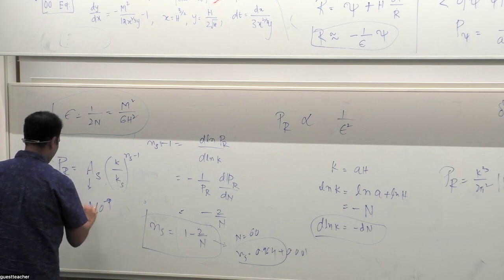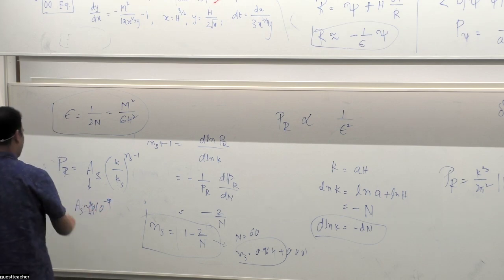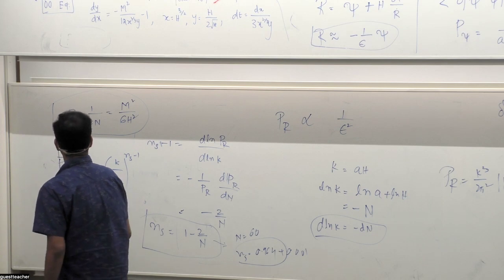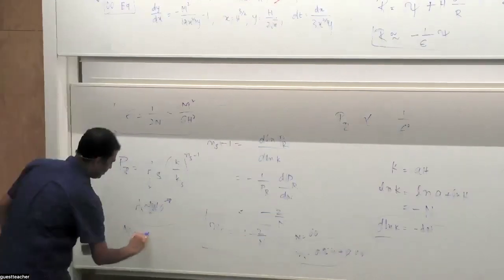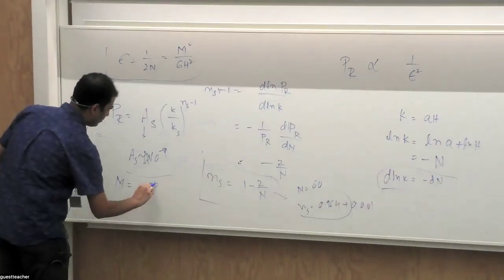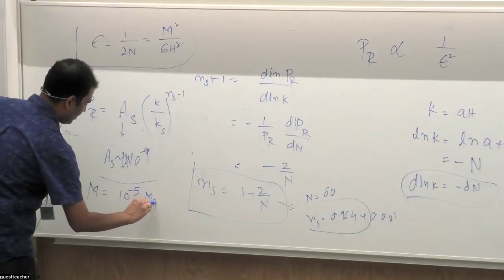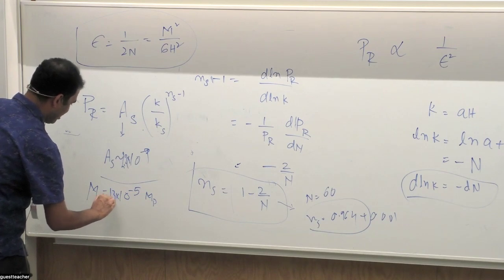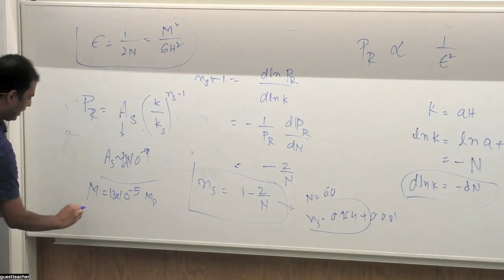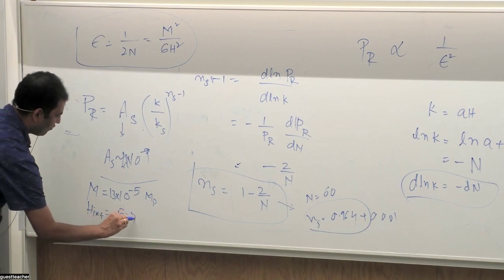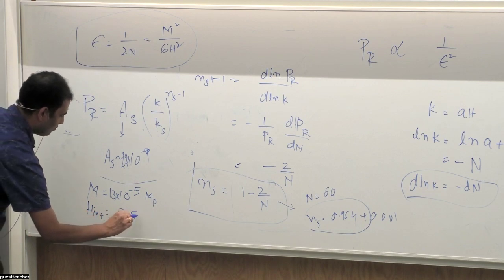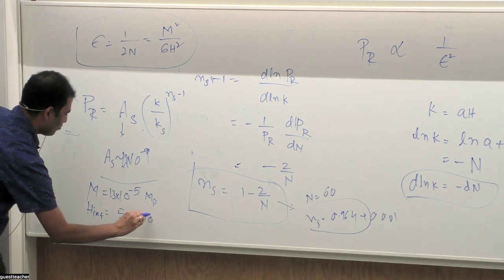Let's be more precise, 2.2 times 10 to the minus 9. And this gives you the value of the scalaron mass to be 1.3 times 10 to the minus 5 Planck mass. And H during inflation is 5.5 times 10 to the minus 5.